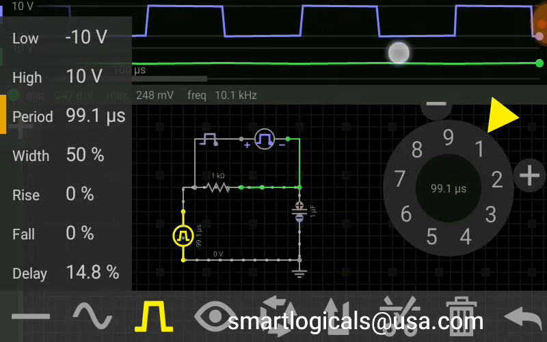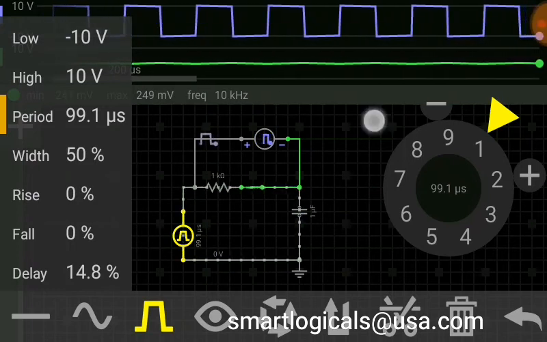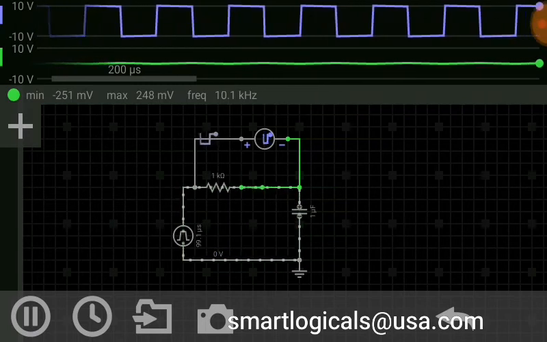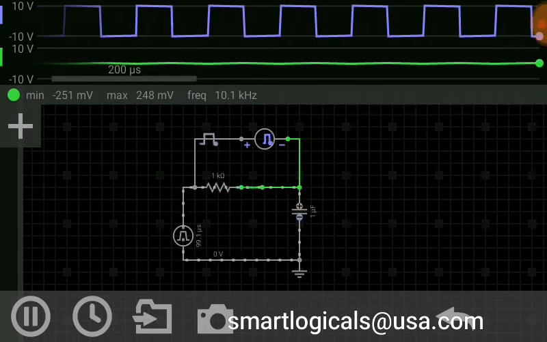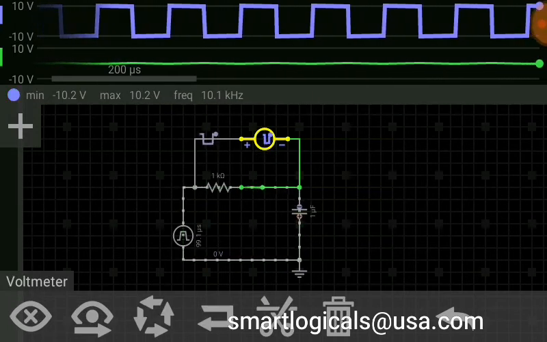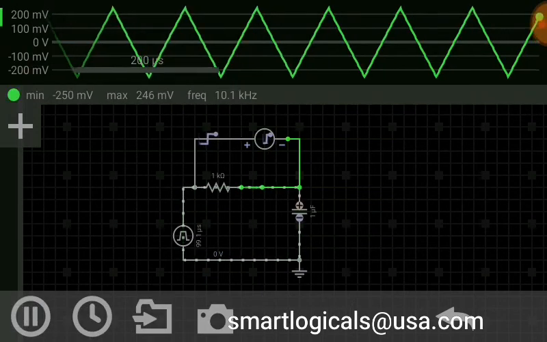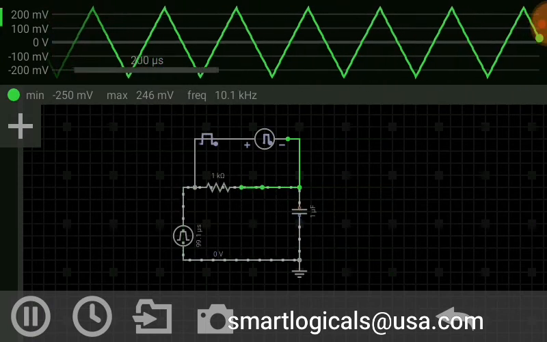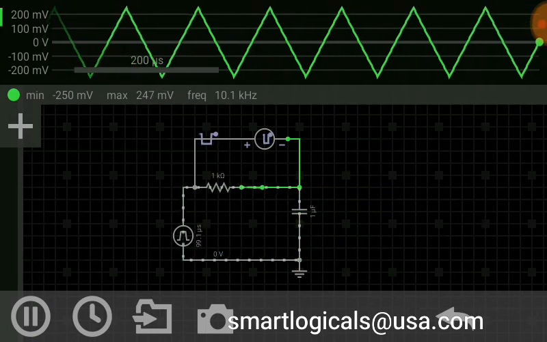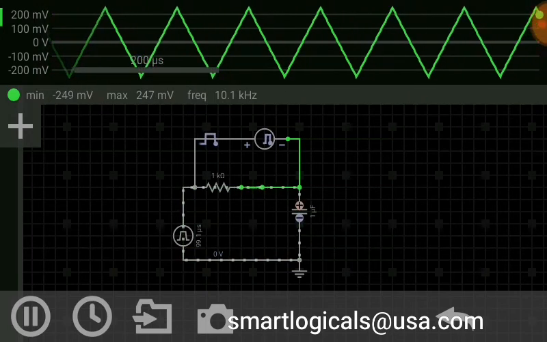The applied input is reproduced as it is, and this is the output of the low pass filter.